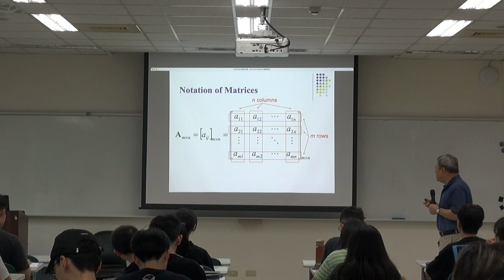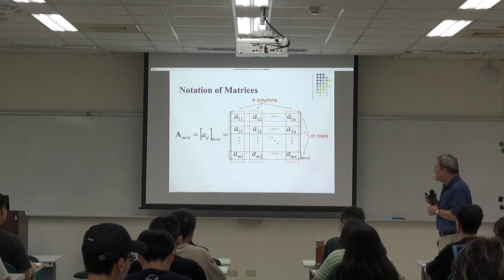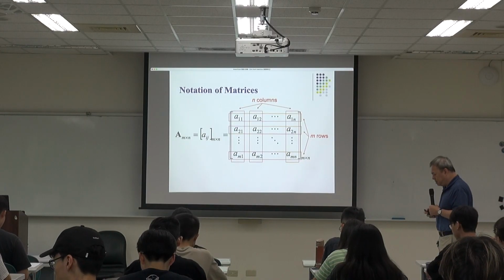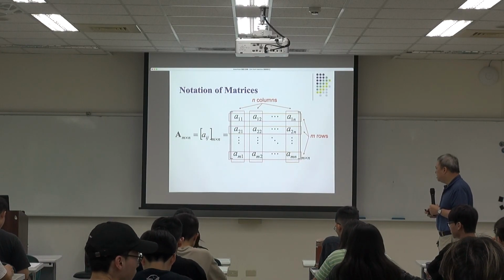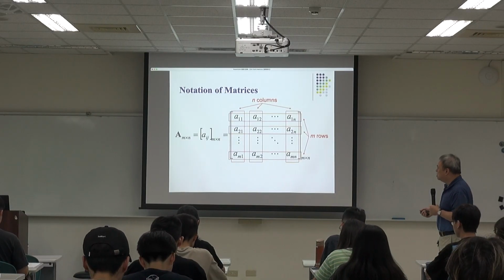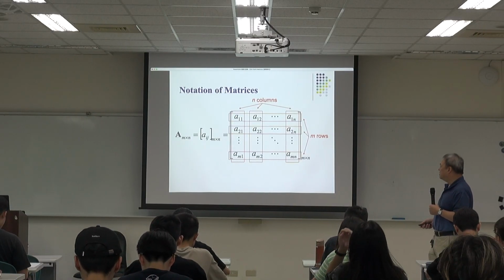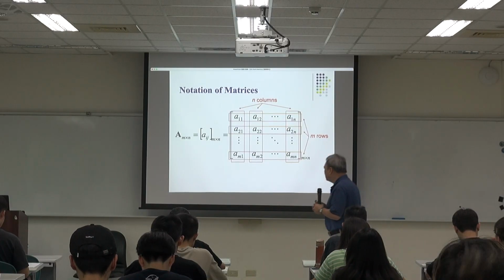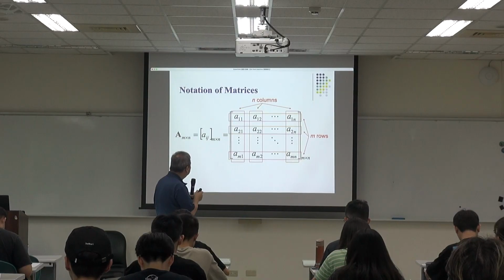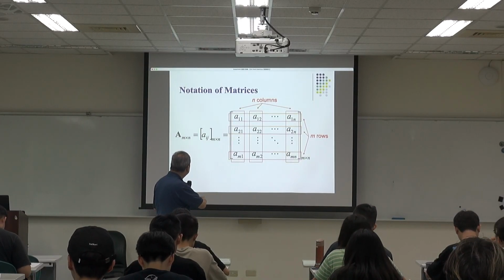We can write the coefficient of the system of linear equations into a matrix, right? So as a result, the matrix looks like this.